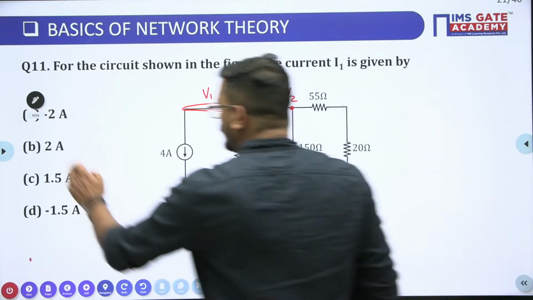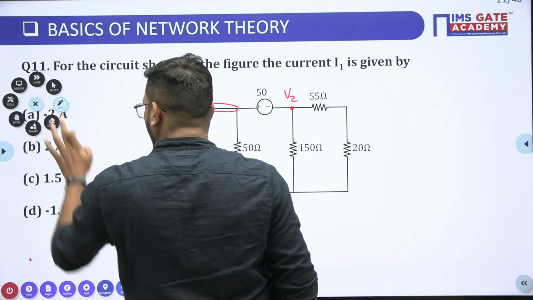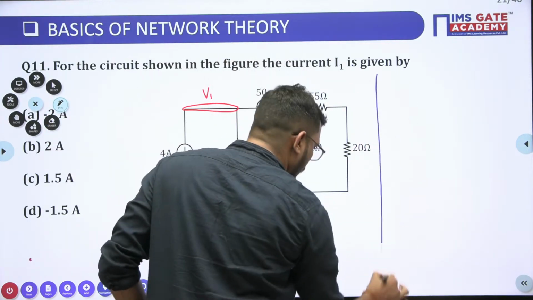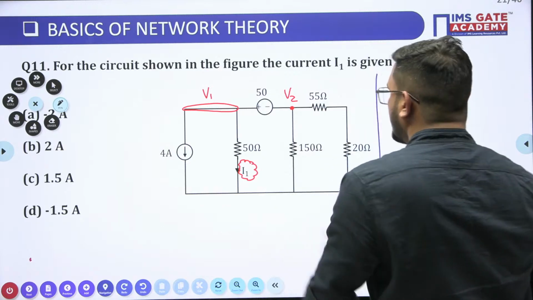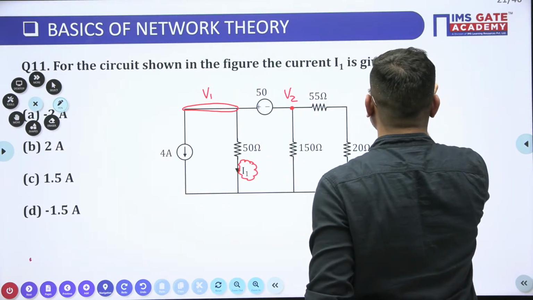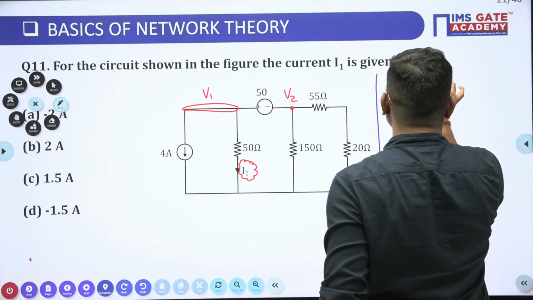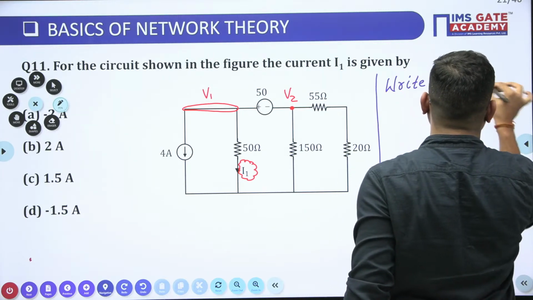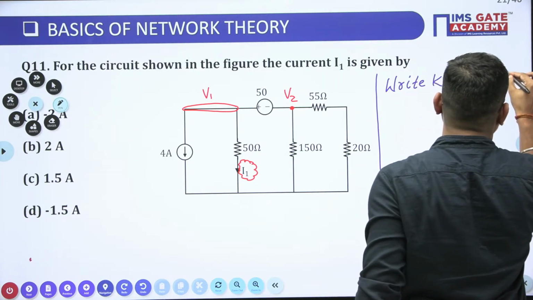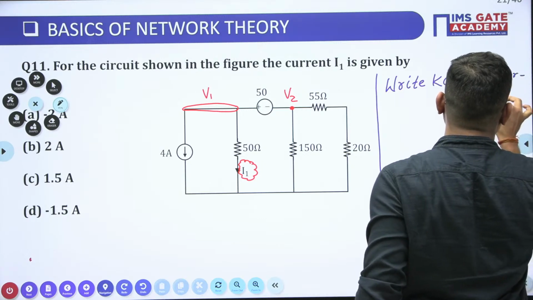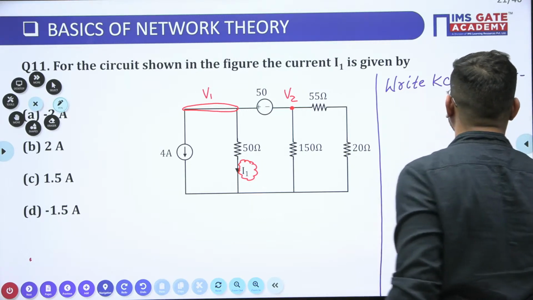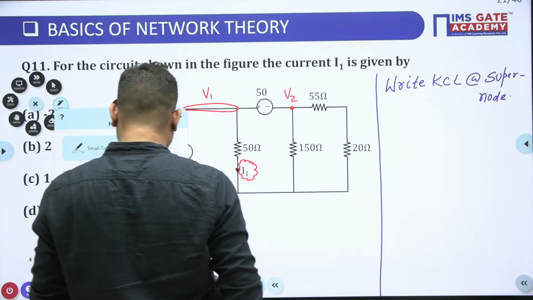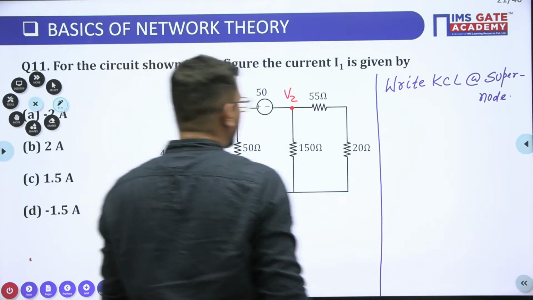So here I am writing KCL at the super node. What is the equation for KCL here?